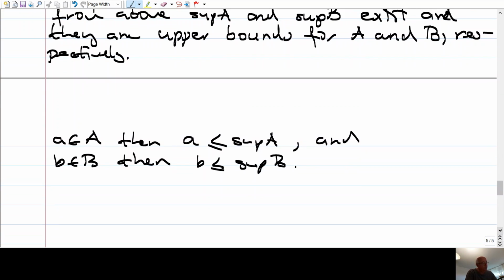Well, if I add these two inequalities side by side, then we get what?